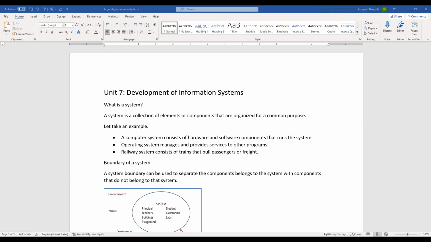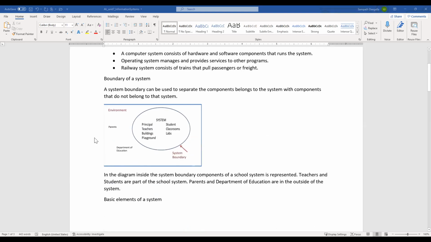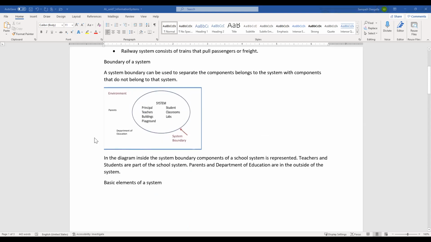Then the next thing that we have discussed is the boundary of a system. If you take any system, you have a boundary. The boundary separates the system from the environment. For example, in a school system, we have principals, students, teachers, classrooms, buildings, and so on, whereas outside we have parents, the education department, alumni, and so on.